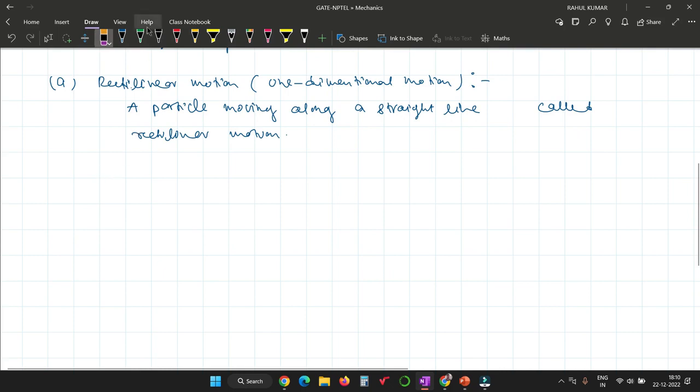So in this study, these are important variables. What are the variables? Can you tell me? Position, speed, acceleration. Yeah. Time.